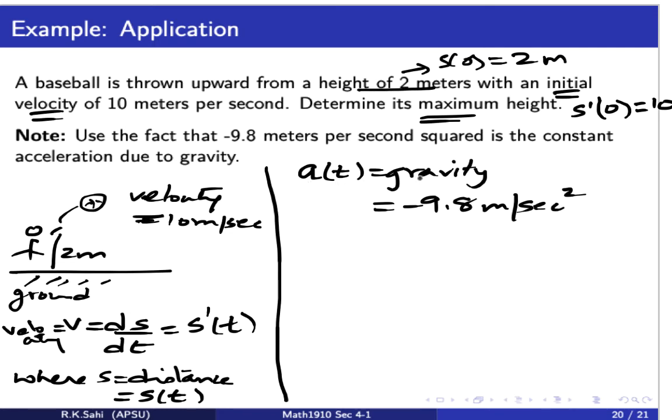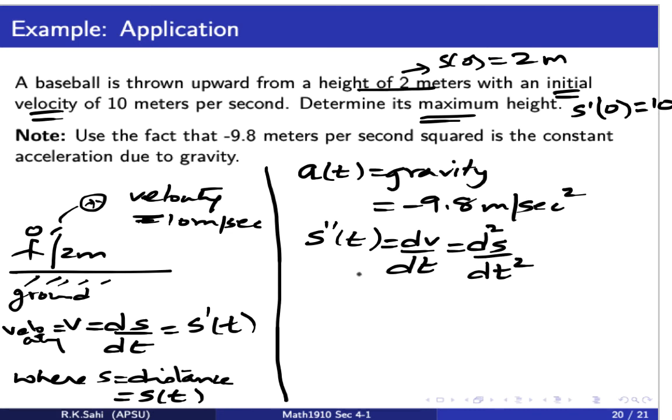The acceleration, which is the gravity, is s double prime of t. Basically, it is the derivative of the velocity, dv over dt, which is d squared s over dt squared. So we know that the acceleration is negative 9.8, so s double prime of t is minus 9.8.